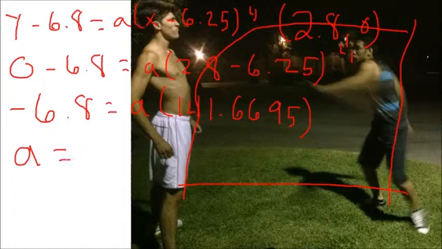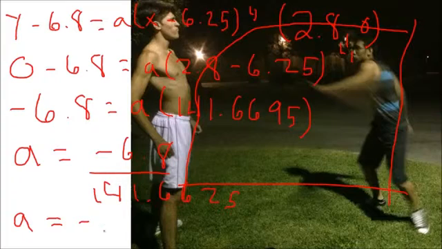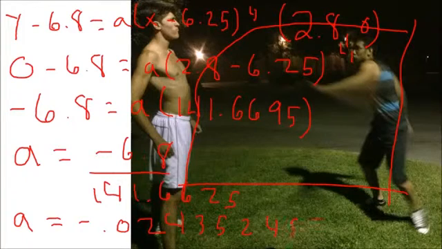Then you get a equals negative 6.8 over 141.6625 to isolate the a. Then you simplify the division, then you get negative 0.02435245531.